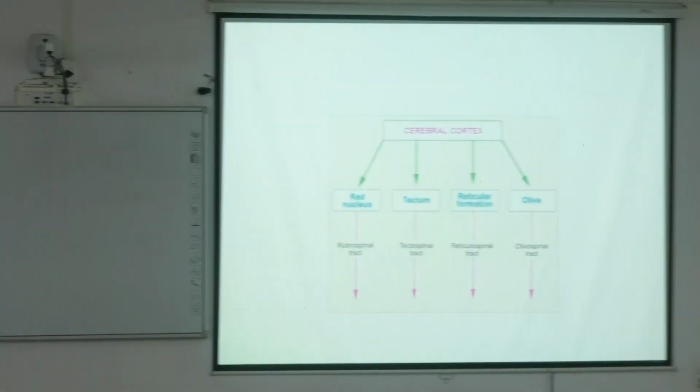So this is the action of rubrospinal. And I said rubrospinal originates from where? In the red nuclei, in the red nucleus.